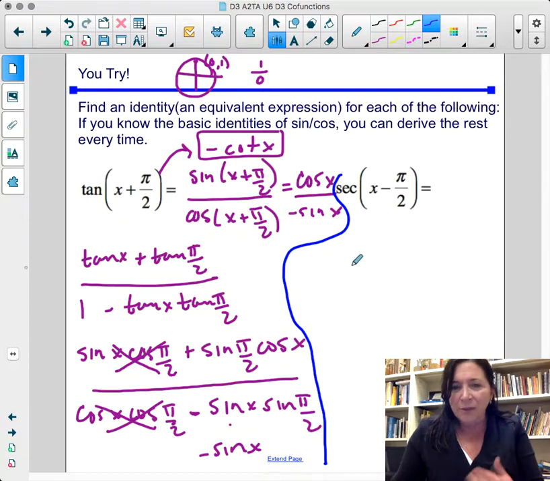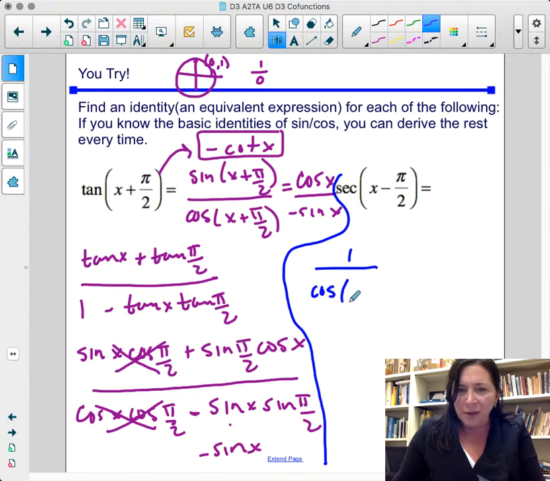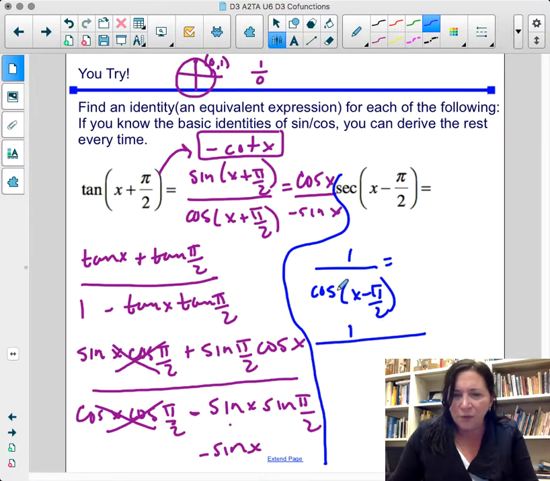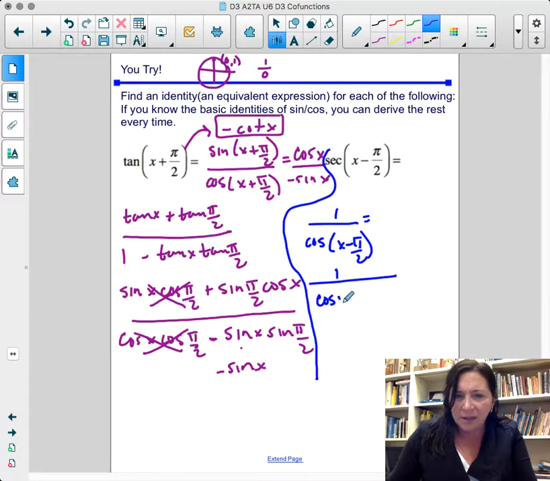This one, the way I would do this one is just this way. 1 over cosine of x minus pi over 2. That's how I would do that for secant. And I would say, well, that's 1 over, and that's going to be cosine to cosine. So that's going to be cosine of x cosine of pi over 2, minus becomes plus, sine of x sine of pi over 2.